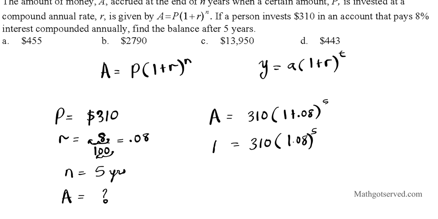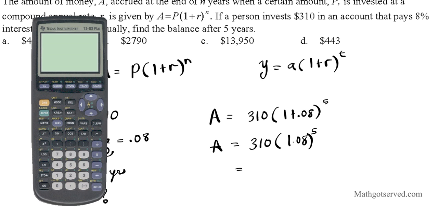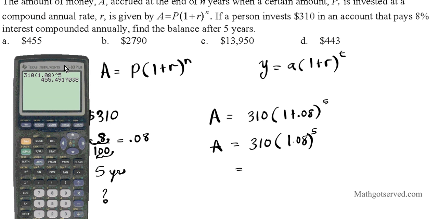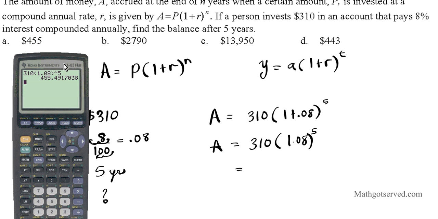Just plug this into the calculator and that'll give us a final result. So we have 310 times 1.08 raised to the fifth power, and our final answer is 455.49.